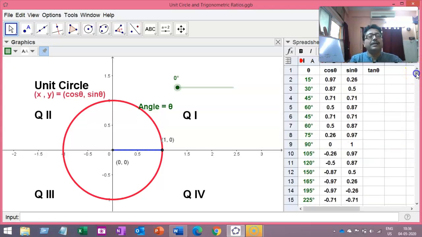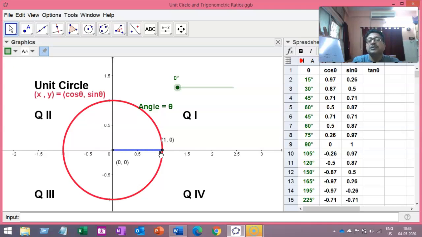Although I did not show it here, you can all say what the value of sine 0 is. Sine 0 is perpendicular by hypotenuse. Here the hypotenuse coincides with the base, so the perpendicular has no existence there, but base and hypotenuse are both there, both of length 1 unit, so sine 0 is going to be equal to 0.